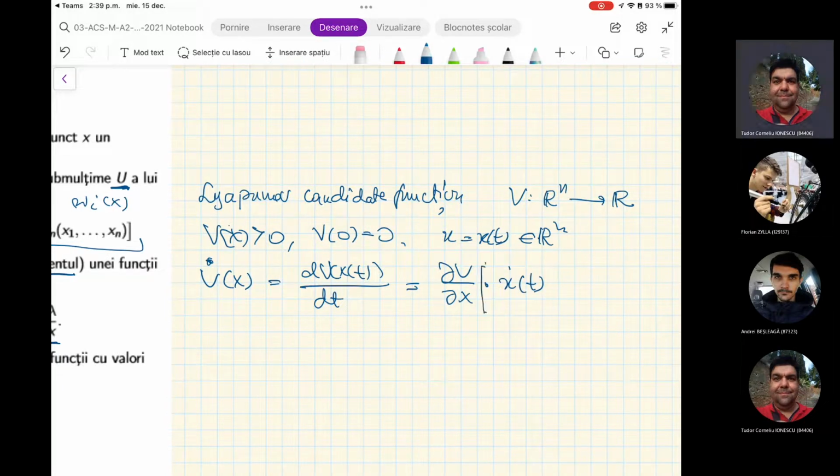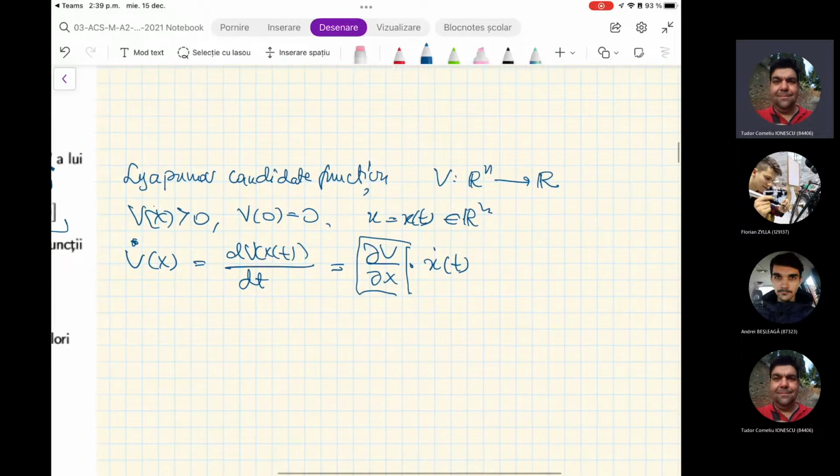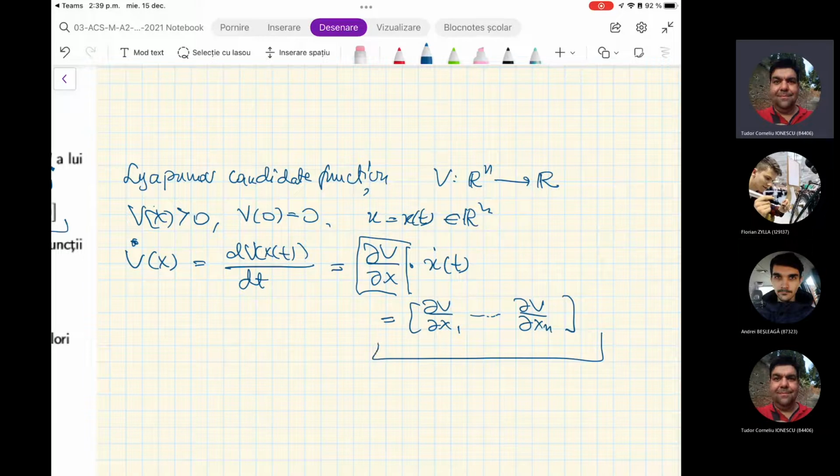And this dV/dx was the gradient, equal to dV/dx1 up to dV/dxn.